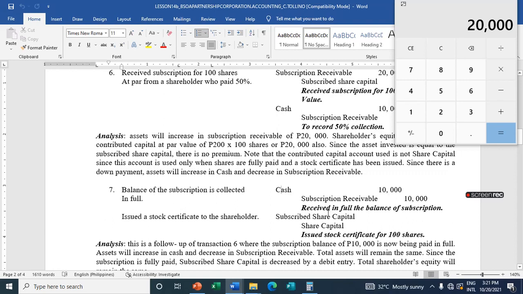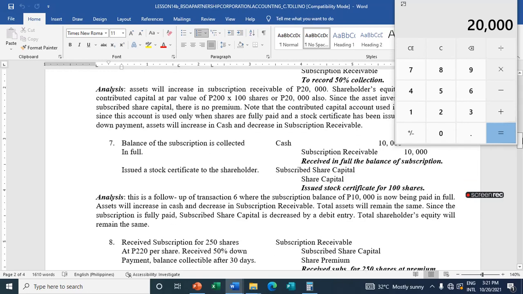So, received in full the balance of subscription. Ayan, mag-i-issue ka na ngayon ng stock certificate to the shareholder. Ayan, subscribe share capital and share capital. So, issued stock certificate for 100 shares.